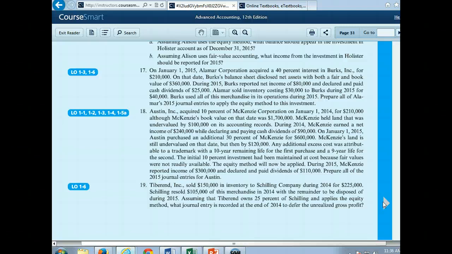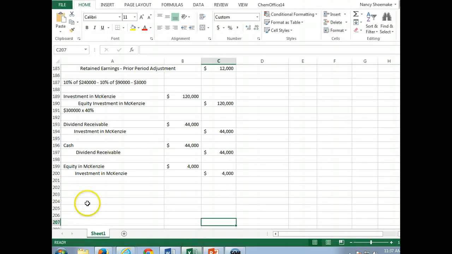So the first thing we need to do is figure out what the gross margin is. Let's first look at the gross rate. They sold it for 225. They bought it for 150, which means they made $75,000 on $225,000.